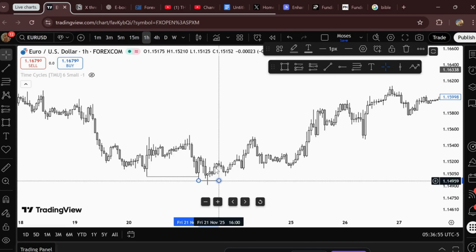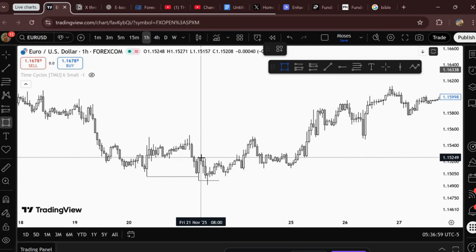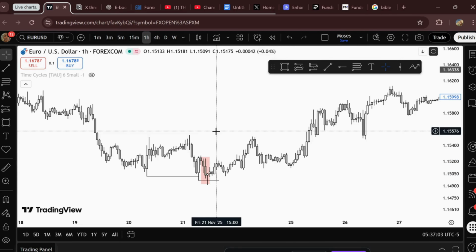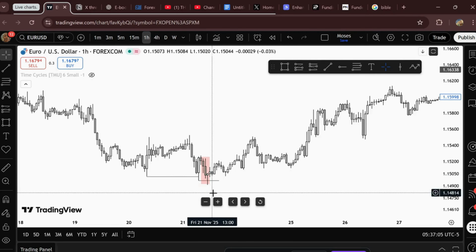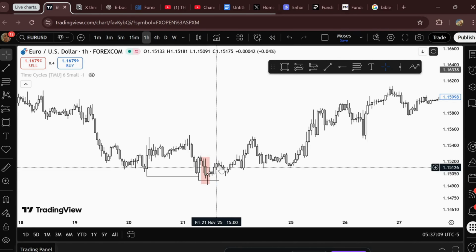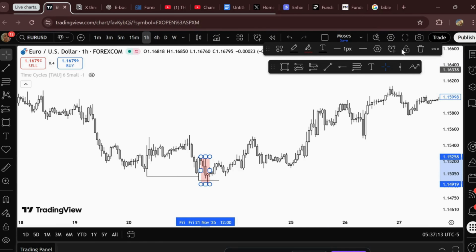During this move downward, we saw price put in a series of bearish candlesticks. This series of bearish candlesticks is what we refer to as an order block, as soon as price closes above these bearish candlesticks.